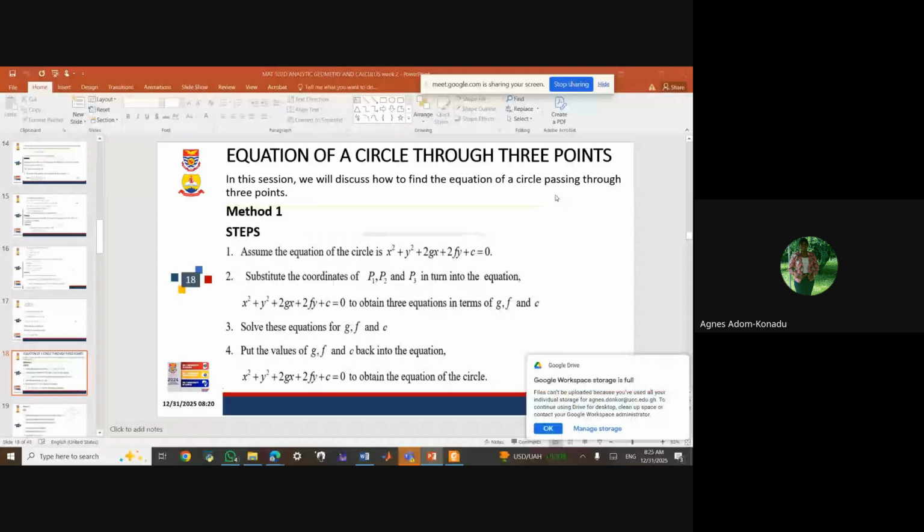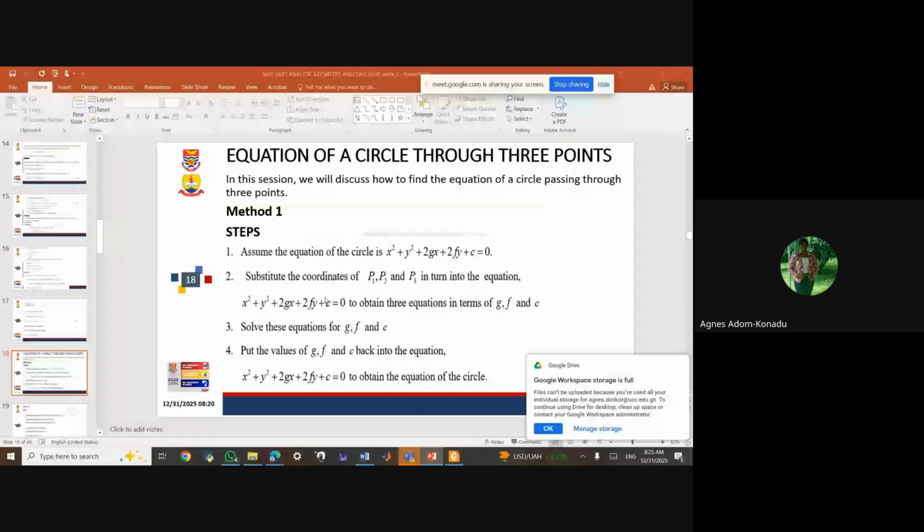So I told you that when you have an equation of a circle through 3 points, you will be given the 3 points on the circle. Then you assume that the equation of the circle is x squared plus y squared plus 2gx plus 2fy plus c equal to 0. Then you substitute the values of the points P1, P2, P3 in turns. Then you're going to get 3 equations in 3 unknowns.